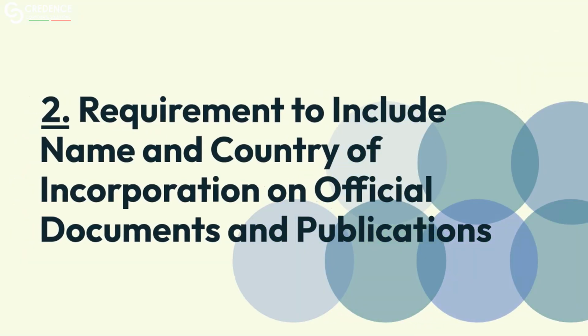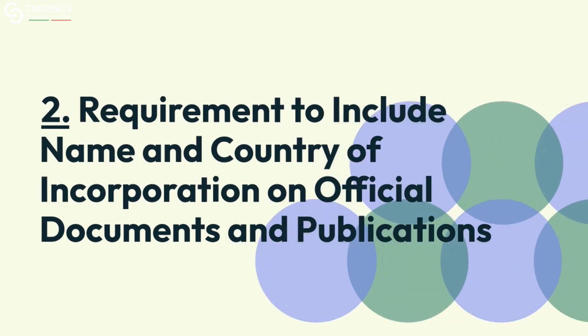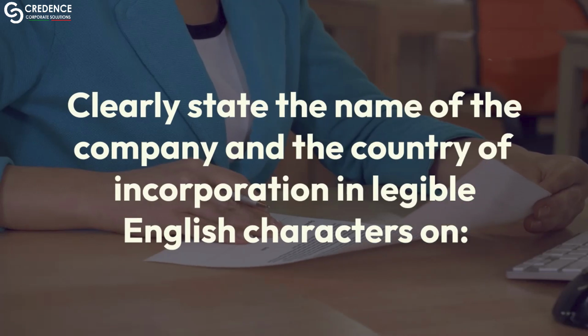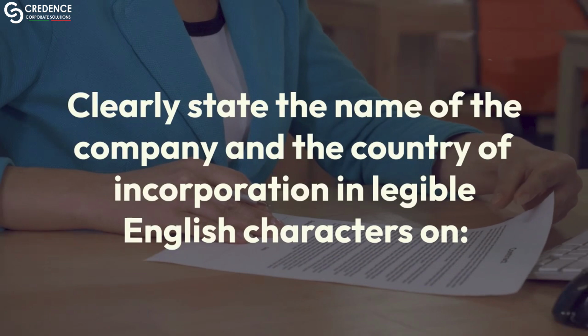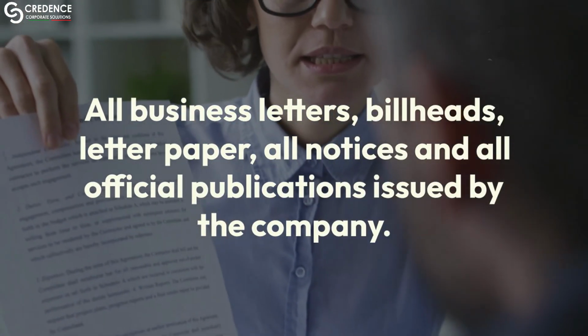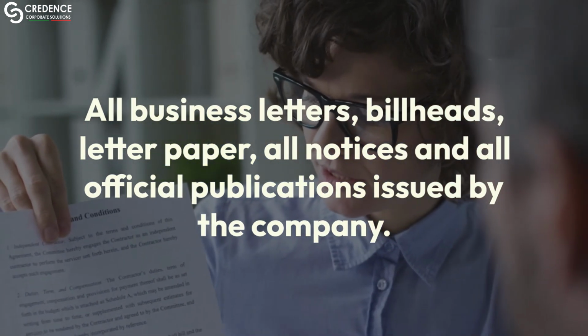2. Requirement to include name and country of incorporation on official documents and publications. Foreign companies must ensure that their official documents and communications reflect their identity accurately. Specifically, the company must clearly state the name of the company and the country of incorporation in legible English characters on all business letters, billheads, letter paper, all notices and all official publications issued by the company.